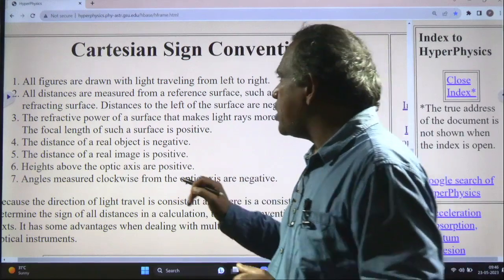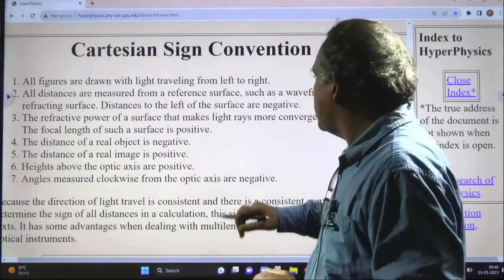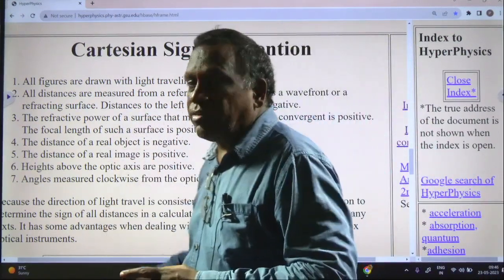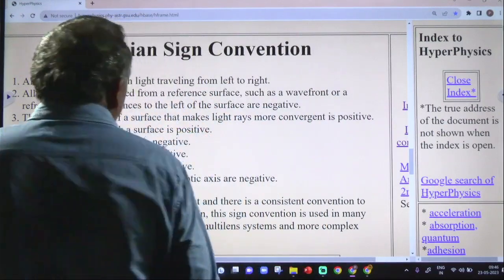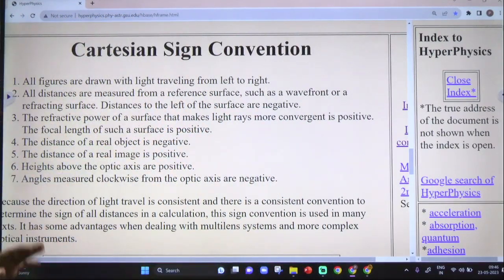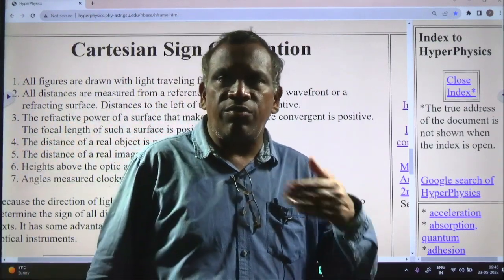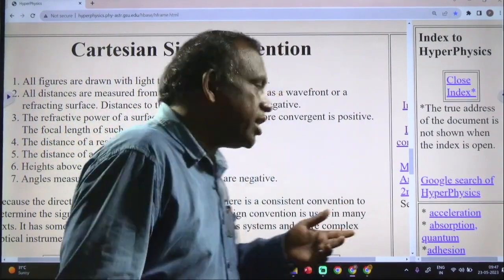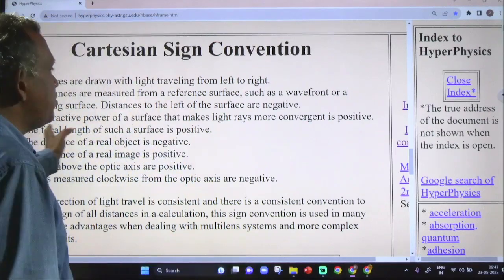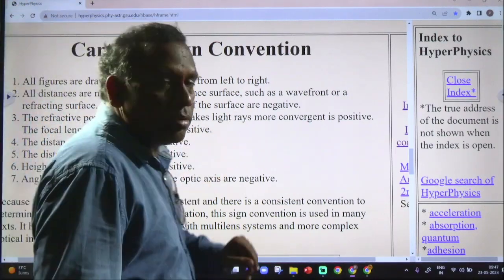All distances are measured from the reference surface, such as the refracting surface. Distances to the left of the refracting surface are taken as negative, and to the right as positive.